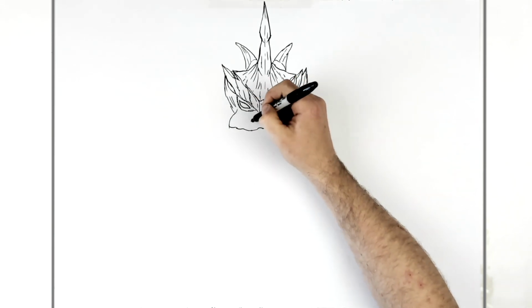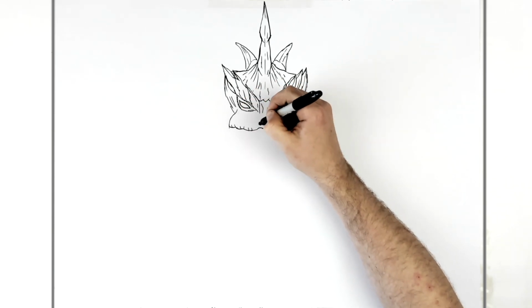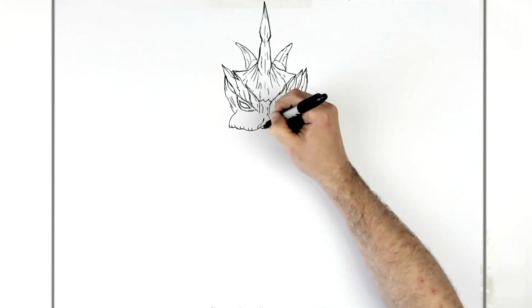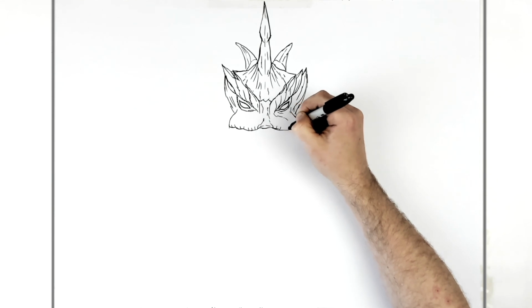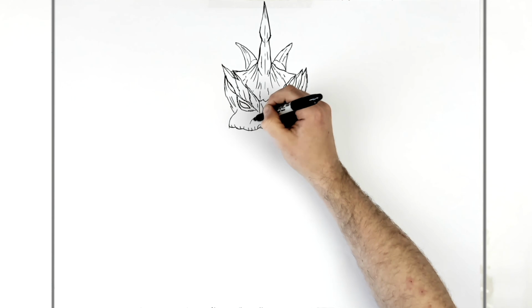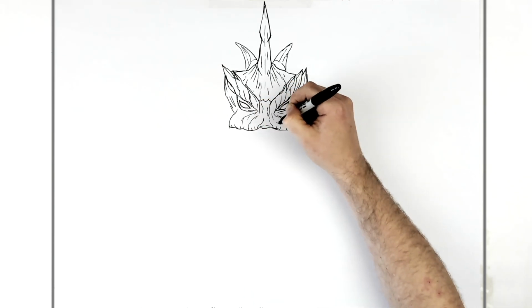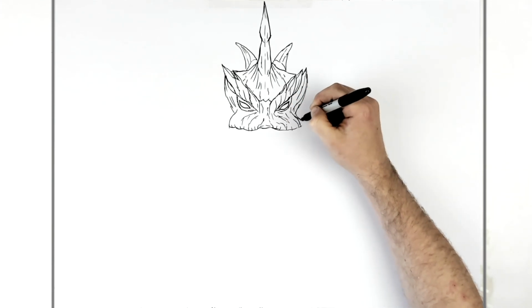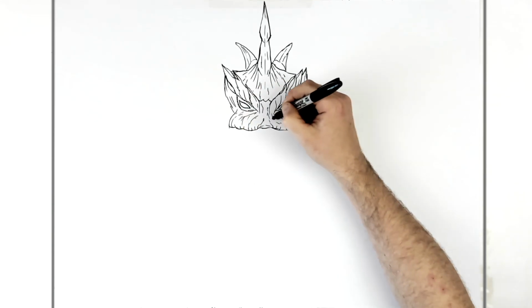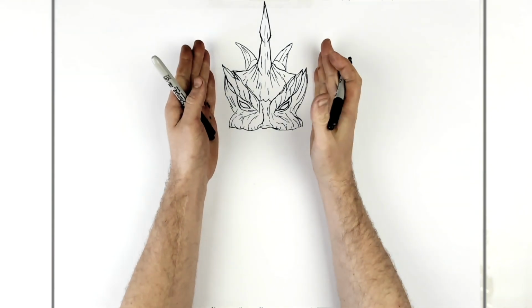And he's got all these lumps and bumps and textures coming across here and something coming up the center. Right, like that. So we've got this crown thing going on.